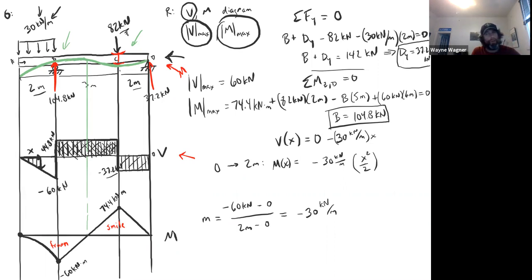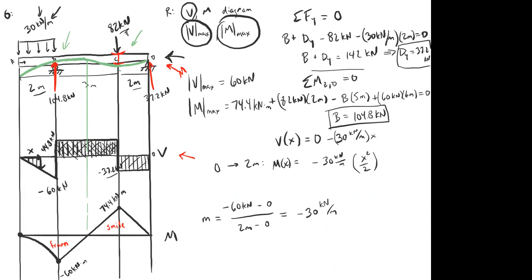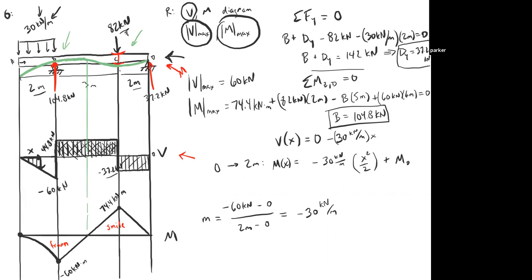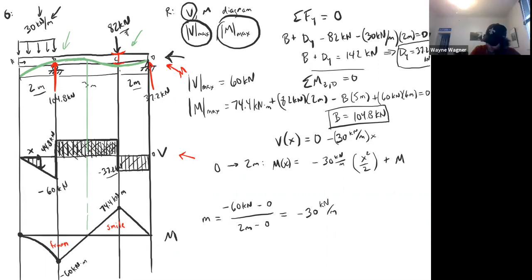And then what's the last thing we always need to do when we integrate? Plus C. But in this case, it's going to be plus just some moment. I'm going to call that moment 1, or in this case, moment A. So it's basically going to be whatever moment we need to make this work.